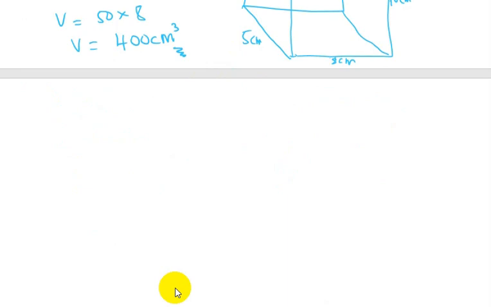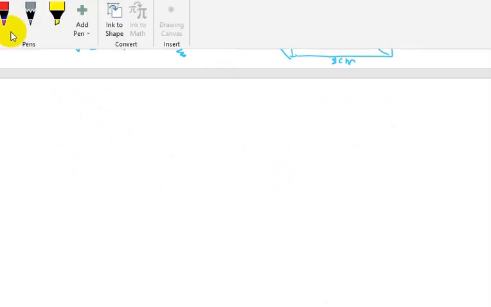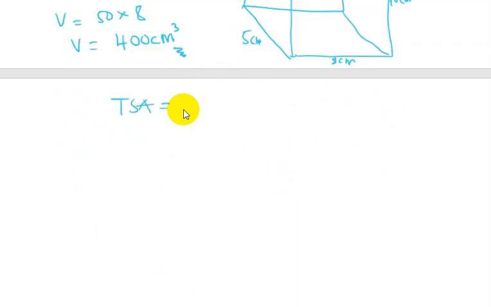The formula for total surface area of a cuboid is given by 2LW plus 2LH plus 2WH. The LW here means length and width, the LH means length and height, and the WH means width and height.